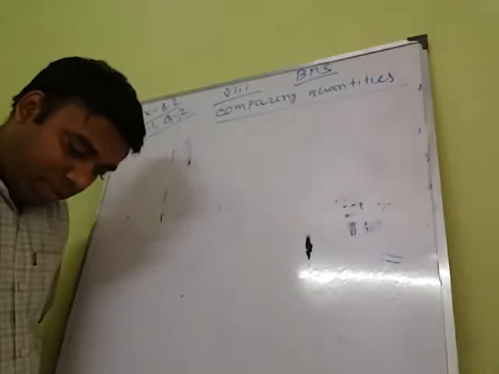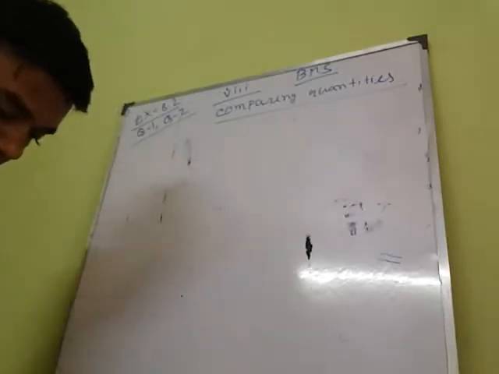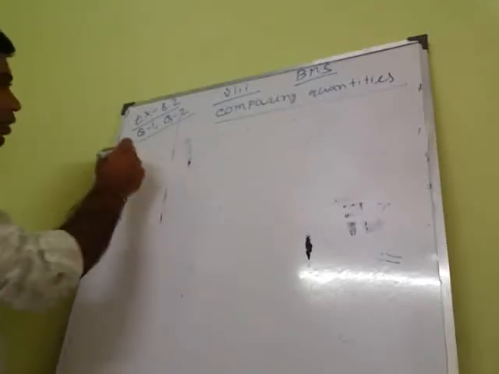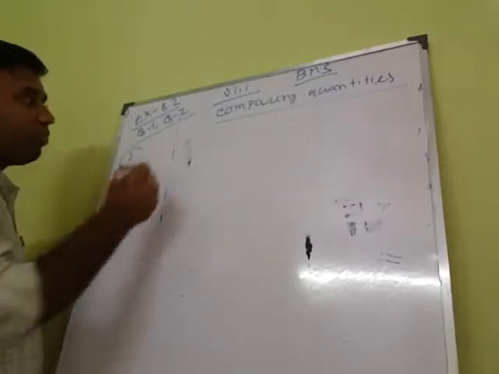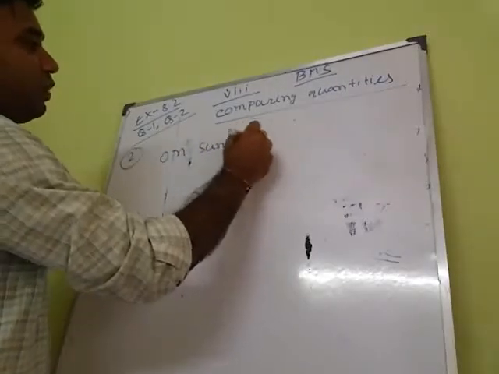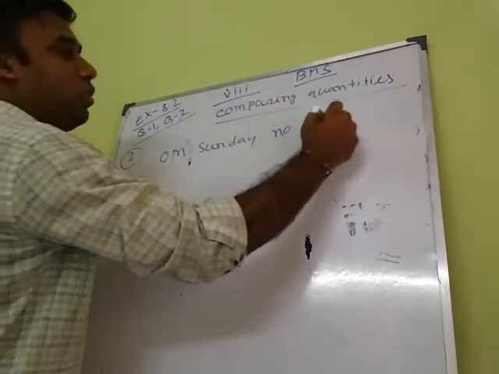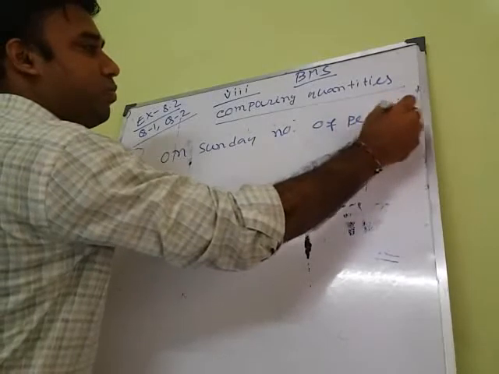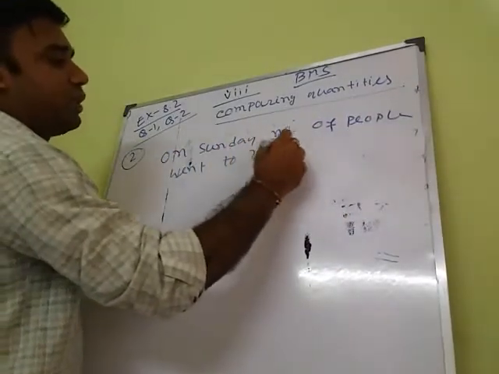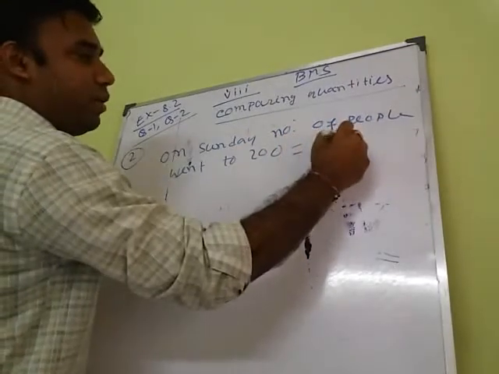What is the percentage decrease in the number of people viewing the zoo on Monday? First of all, on Sunday the number of people who went to the zoo was 845.